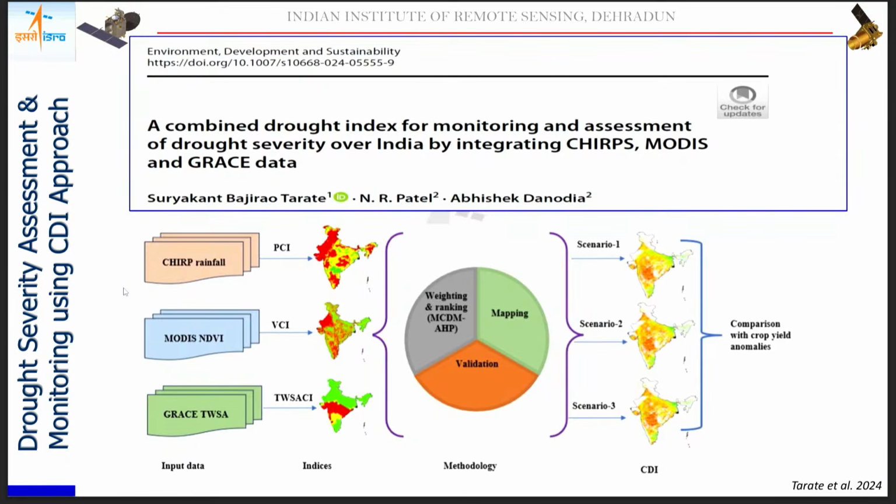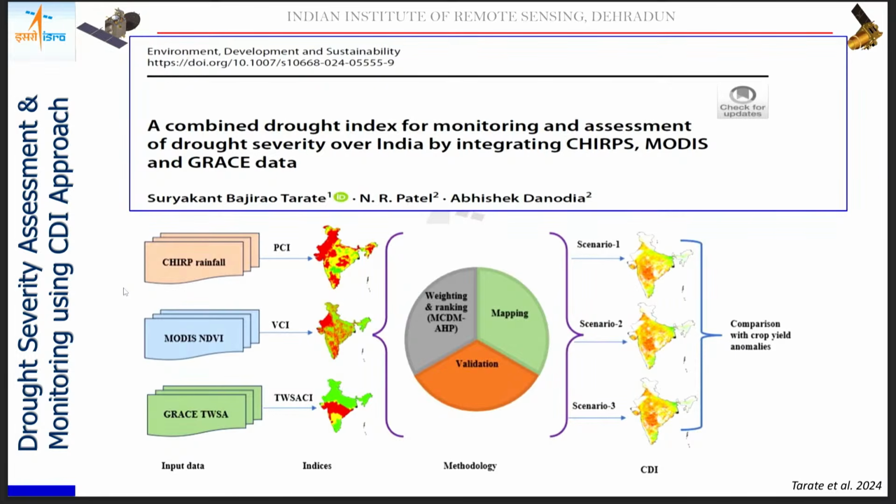Based on all three datasets, we defined three different kinds of indices: PCI, the precipitation condition index, VCI, the vegetation condition index, and TWSACI, the terrestrial water storage anomaly condition index.